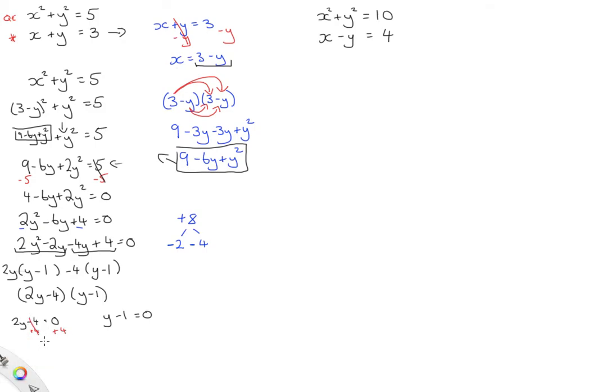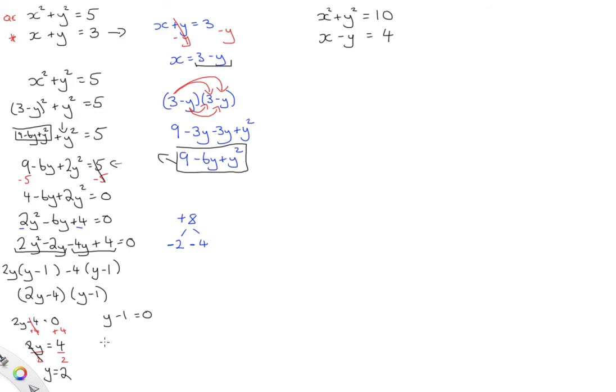I should probably be using the old-fashioned method just because it saves space, and I'm running out of space here. Now I divide both sides by 2. They cancel, so y is equal to 2. So we figured out what one of the y's is equal to.